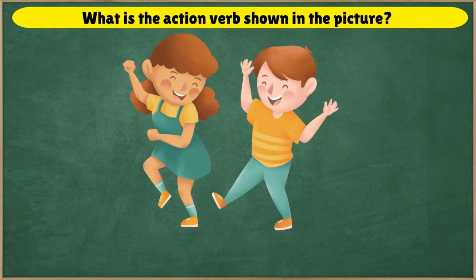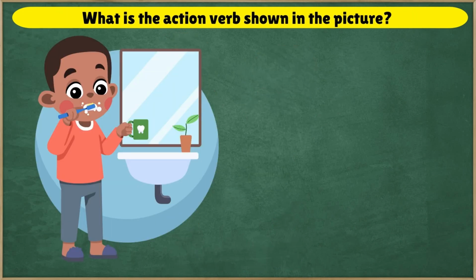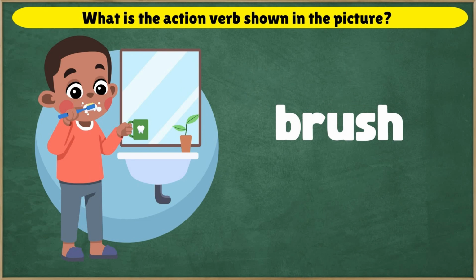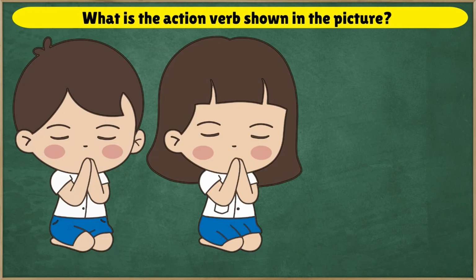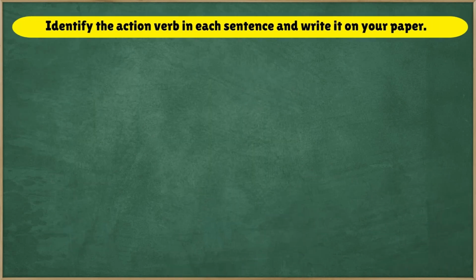How about this one? Nice, it's dance. Let's move on to the next one. It's brush. Good job. And the last one? Yeah, it's pray. You did an amazing job.